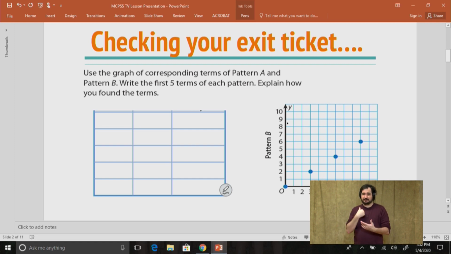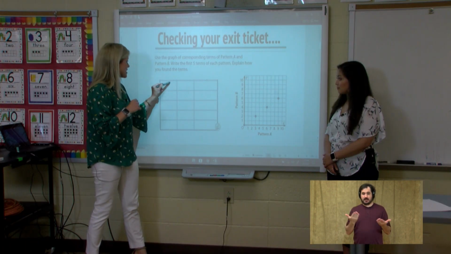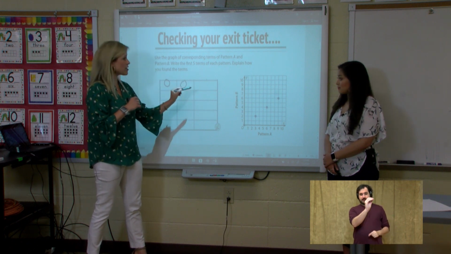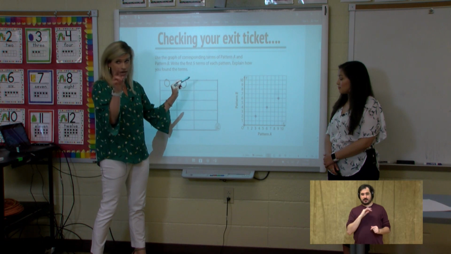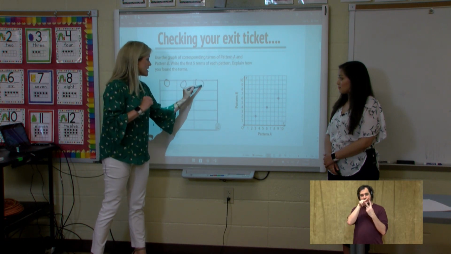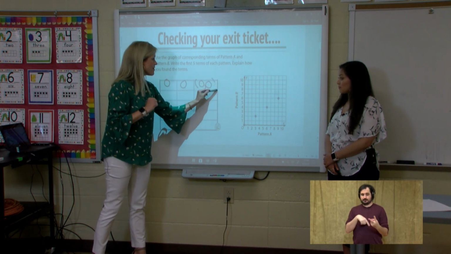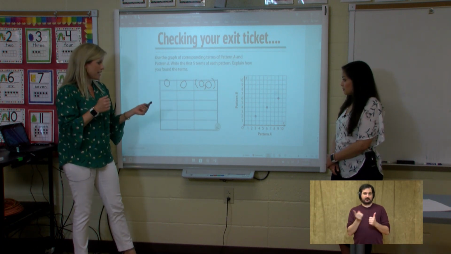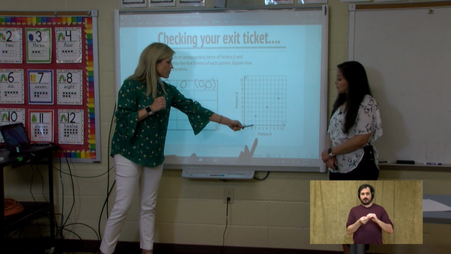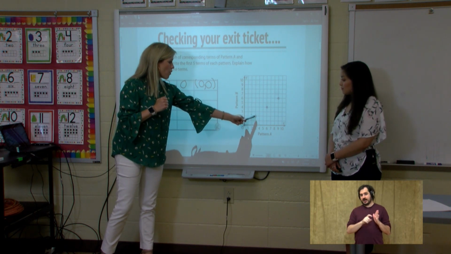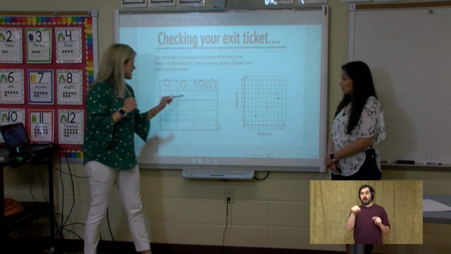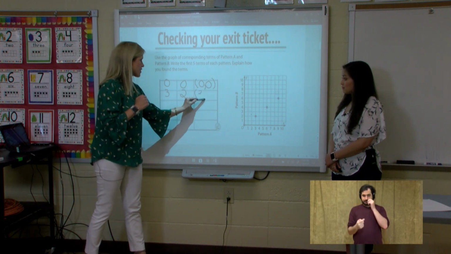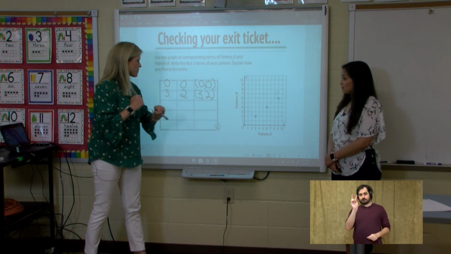So we're right here at the origin. So we have 0 for x, 0 for y, and so our coordinating terms, our ordered pair, is 0, 0, and that is our first set of terms for A and B. Then we go over the x, up the y, over 3, up 2, 3, 2.